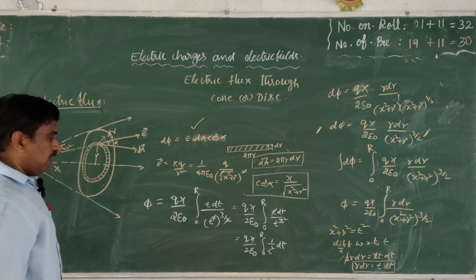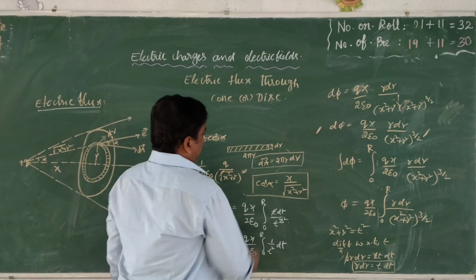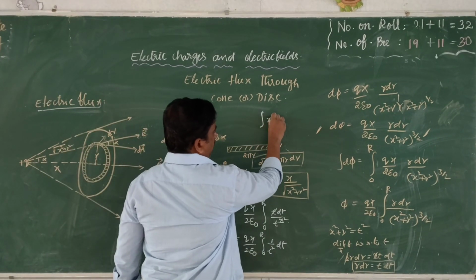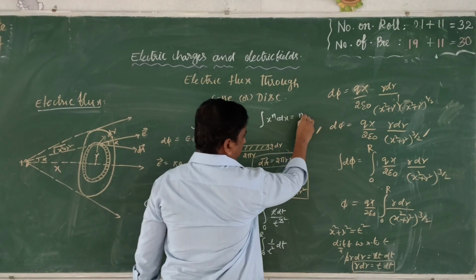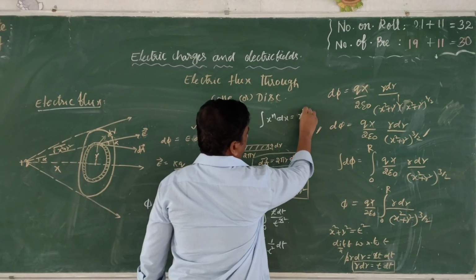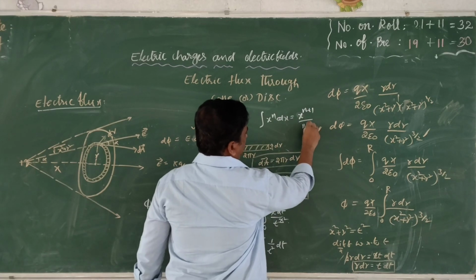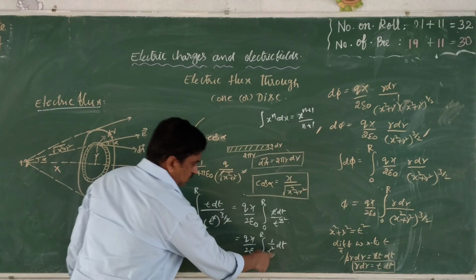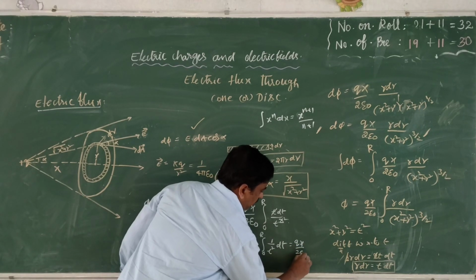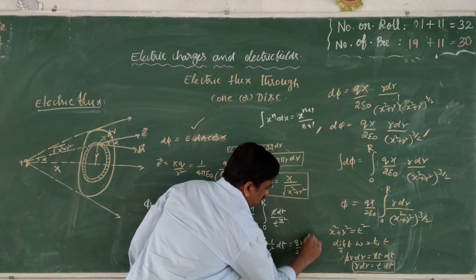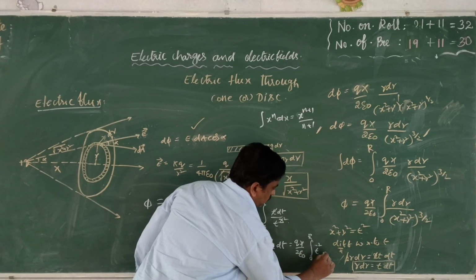Integral of x power n dx we can write as x power n plus 1 by n plus 1. So 1 by t square we can write as t power minus 2 dt.